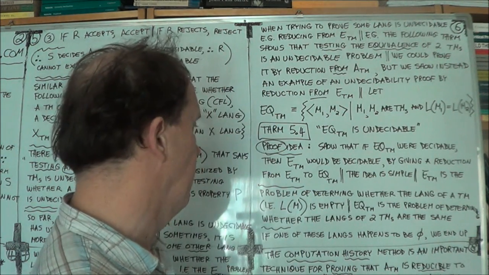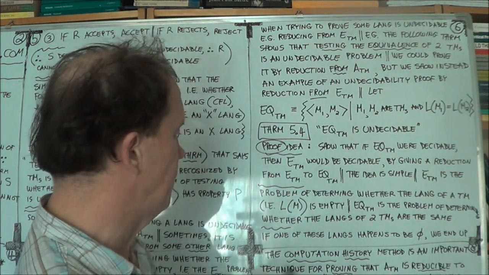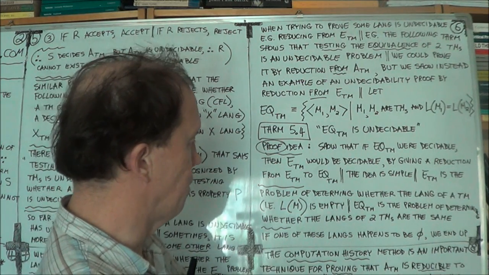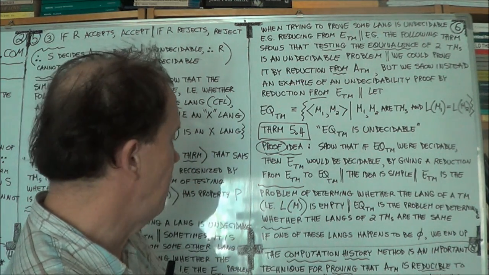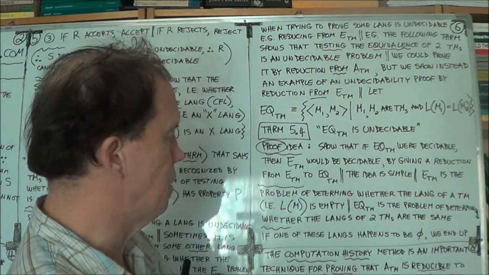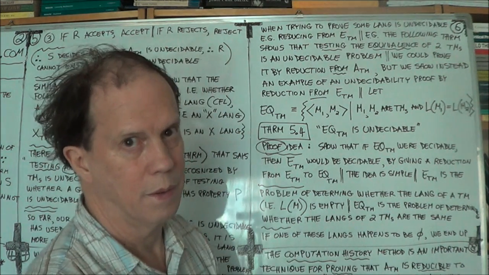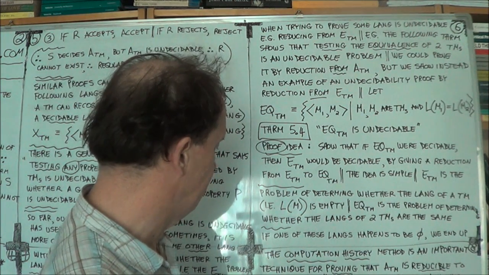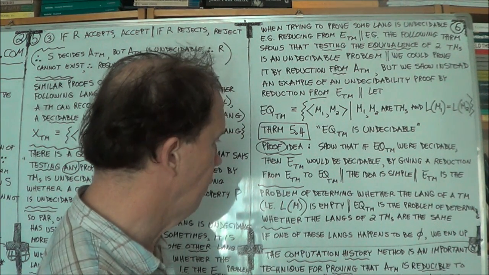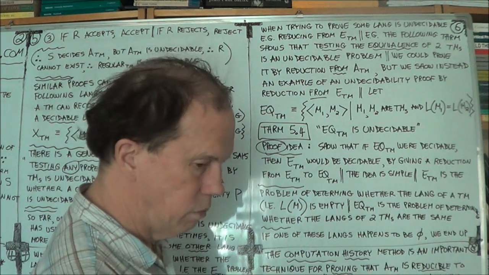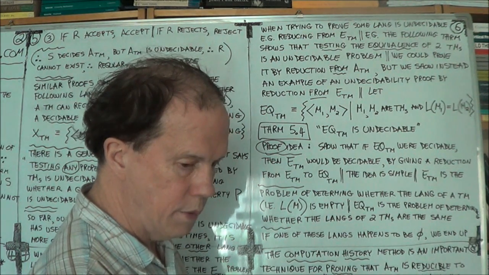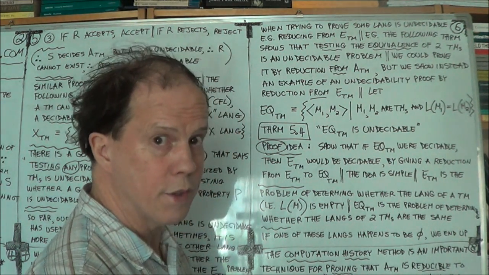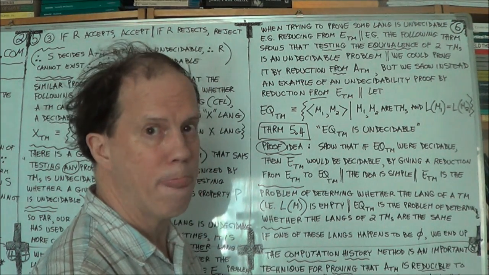Okay. Now here's the heart of the proof, the main idea. Say one of those languages happens to be empty. Now you can see where this is going. This one's much easier.